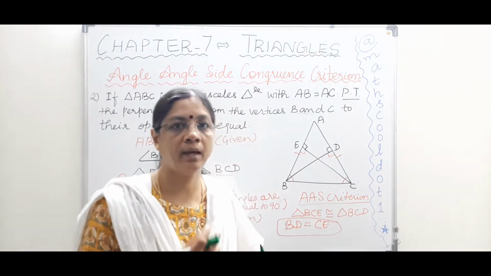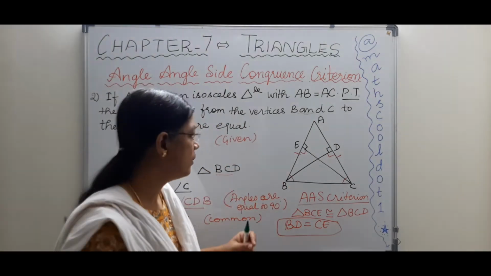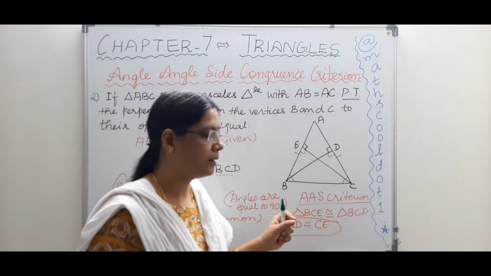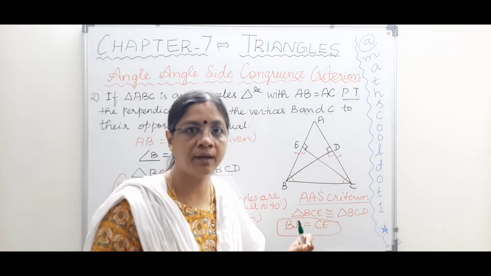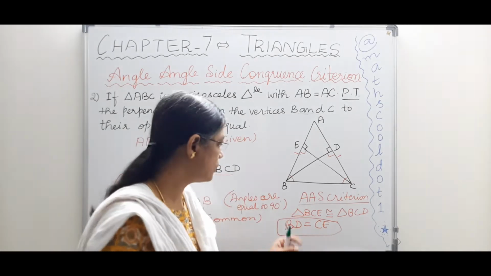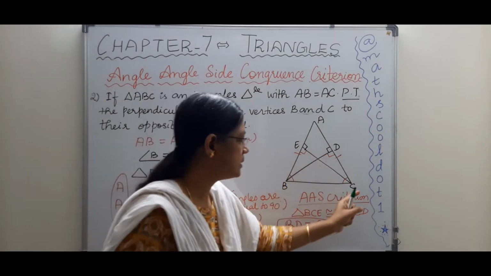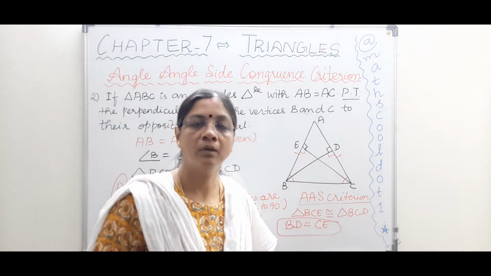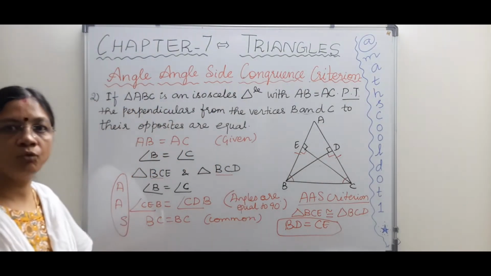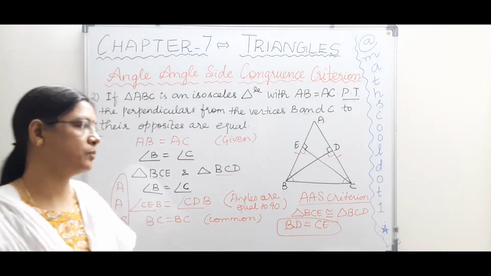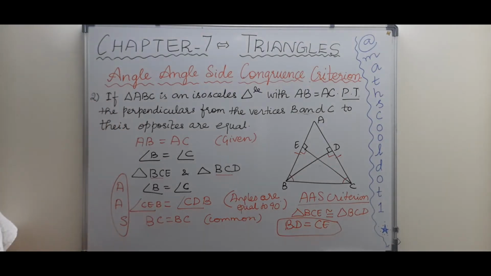So according to AAS, the angle side criterion, the two triangles are congruent, and therefore all the three sides of both the triangles and all the angles have to be equal. So therefore we prove that BD is equal to CE. Now do you understand? So this is according to the criterion. Please take a note of it. We'll move to the next problem.